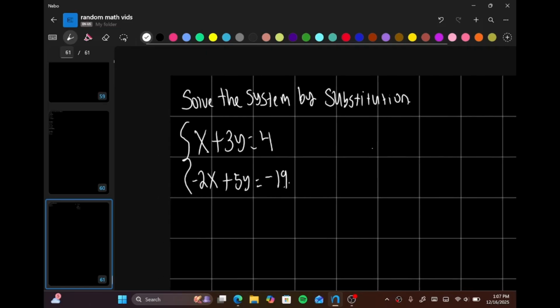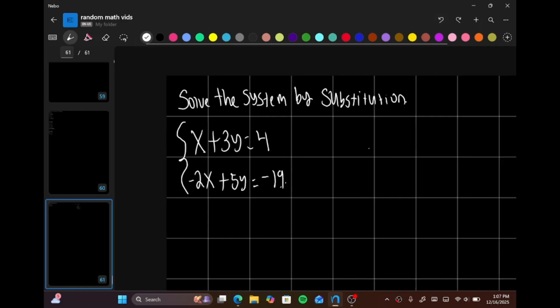Now, this is one problem that we can do by substitution, because if you have an x by itself like this, or if there is no number in front of the x variable or y variable, you can do it by substitution, or elimination.